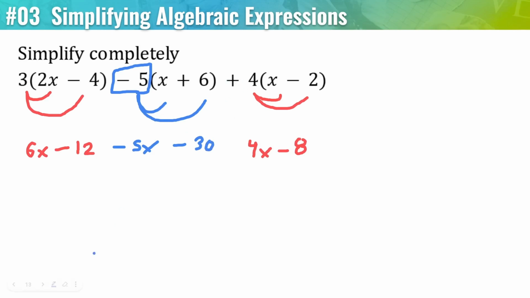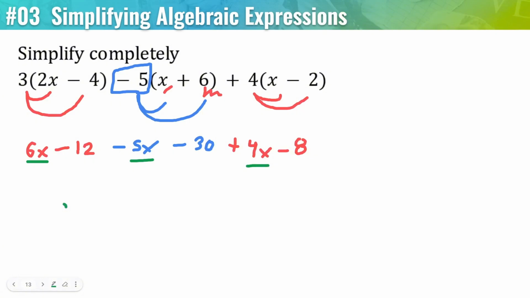So we have to be wary of the grouping signs. A common mistake some students make is they multiply the first one by negative 5, but then they forget to do it here. So now it's time to add like terms. We have 6x, negative 5x, and 4x.